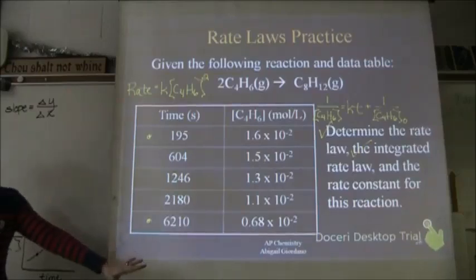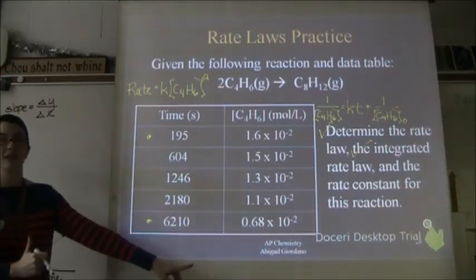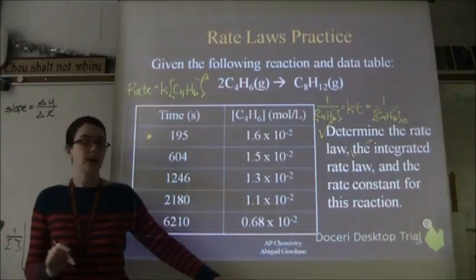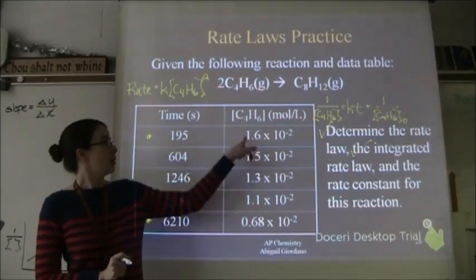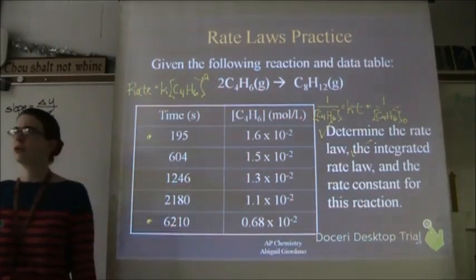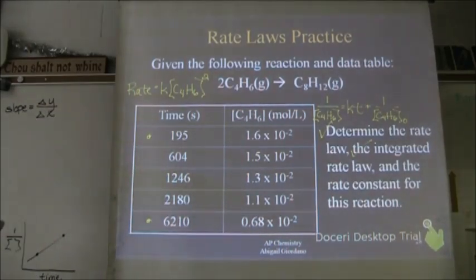Tell me why it would be incorrect for change in y, this number, minus this number. It's wrong. Why? Thank you. Yeah, what's on the graph here? It's not just molarity, it's 1 over. You have to be really careful.